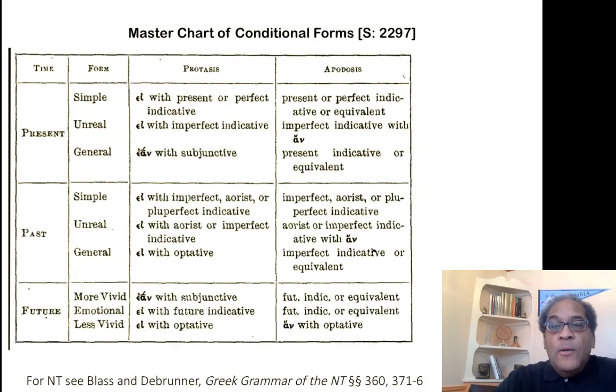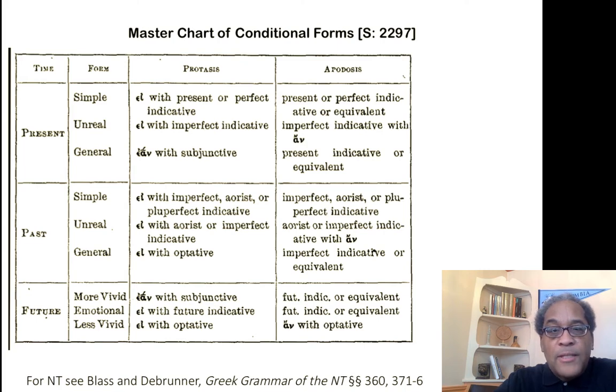Okay, so an understanding of the conditional sentences of Attic Greek is a much more complex affair than that of, say, the very simple schema that one finds in Latin. What you find in Attic is that you have three different classes: present, past, and future, and then within each of those, you have three subclasses.